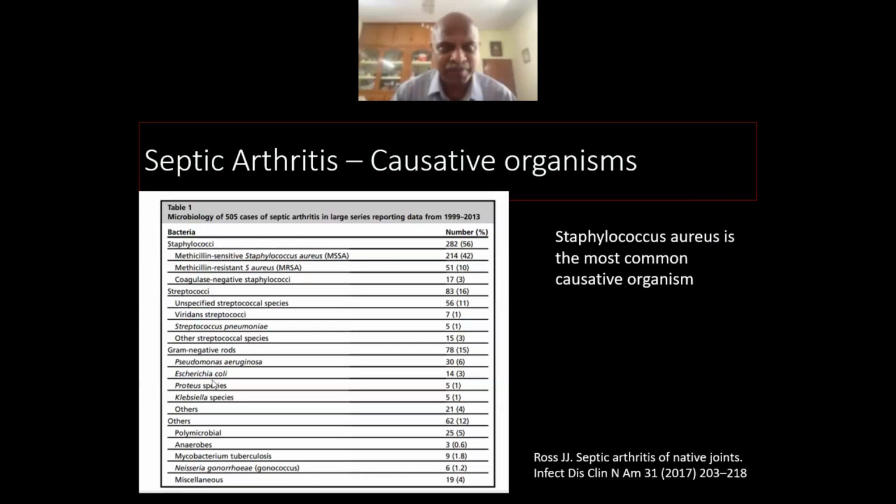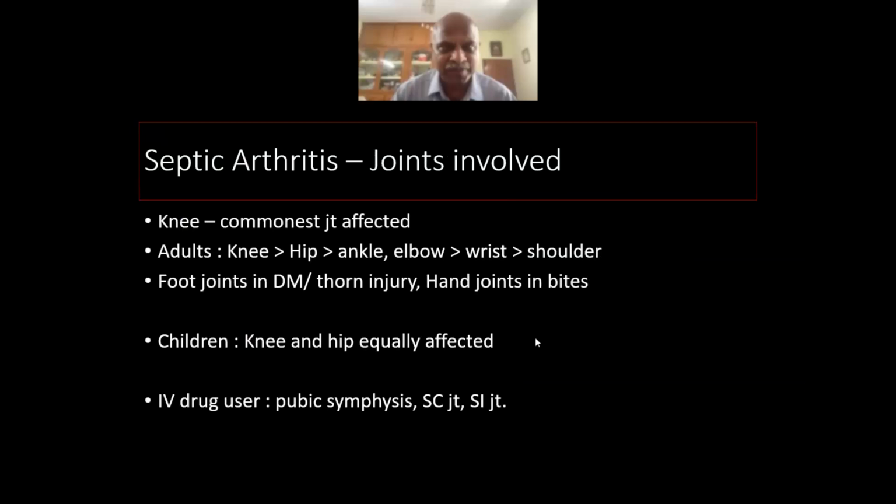But apart from that, gram-negative bacilli, Mycobacterium tuberculosis, and even viral etiologies. For instance, chikungunya is a common cause for septic arthritis of small joints of the hands and feet. So a varied causative organism list.